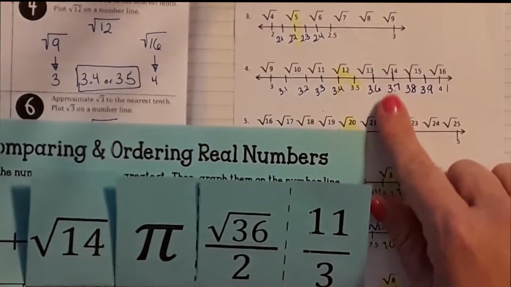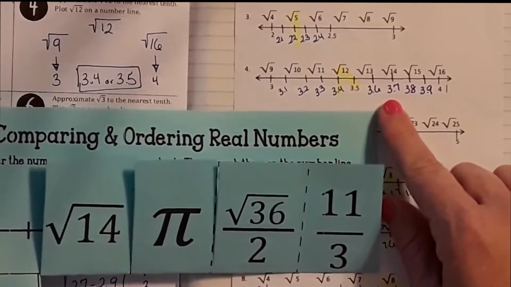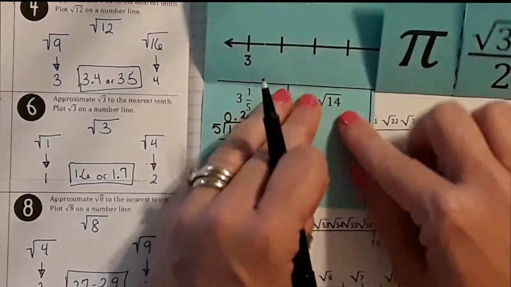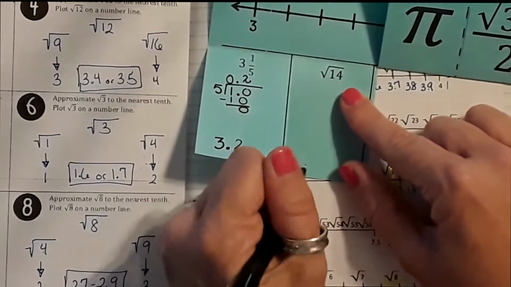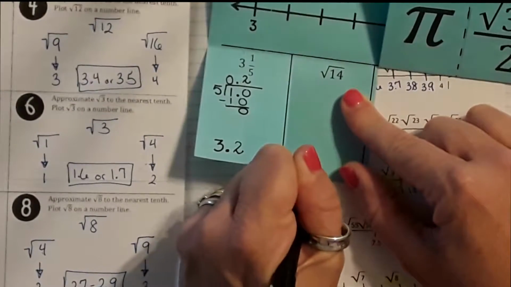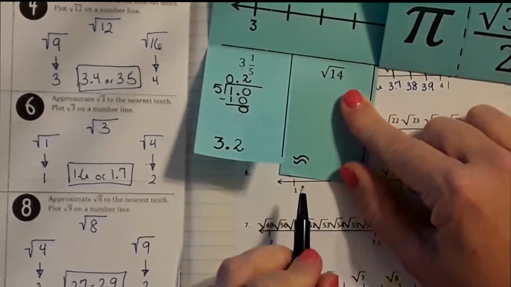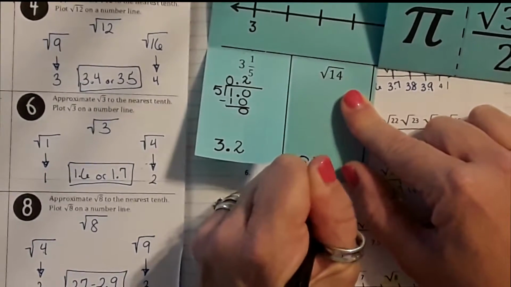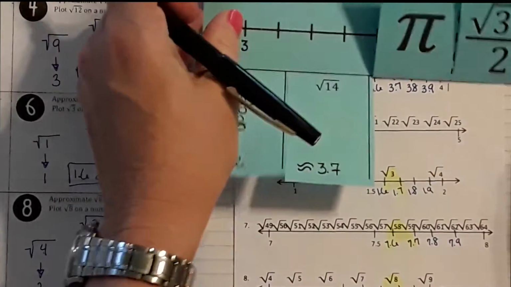I'm going to say that the square root of 14 is about 3.7. I know because it's not a perfect square. So the square root of 14 is about, or approximately, notice my equal sign is kind of squiggly. That means that it's approximately 3.7. Okay?